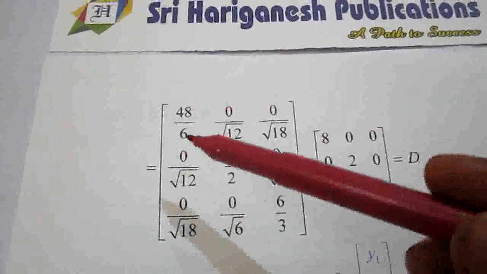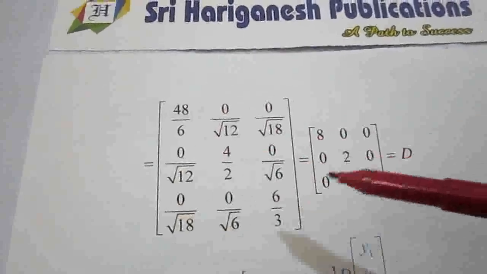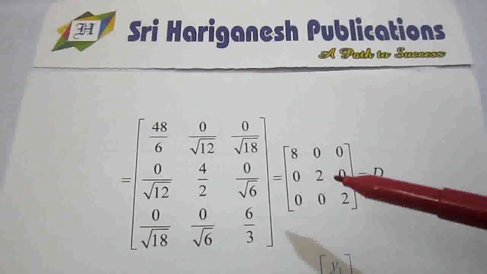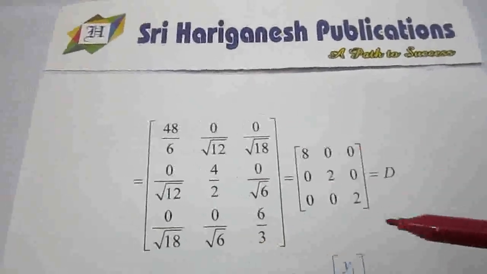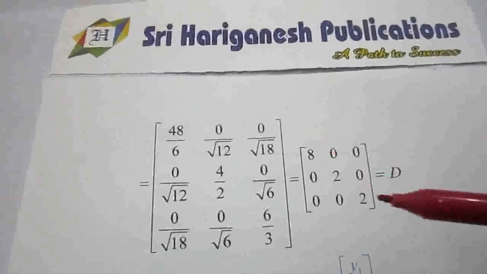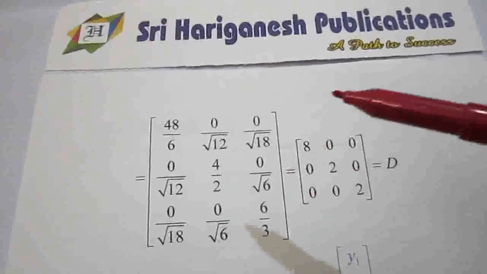Also 48 by 6 is 8, 4 by 2 is 2, and 6 by 3 is 2. The diagonal elements are 8, 2, 2, which must be the eigenvalues in the same order. So we found the eigenvalues 8, 2, 2, which form the diagonal matrix of the matrix A.